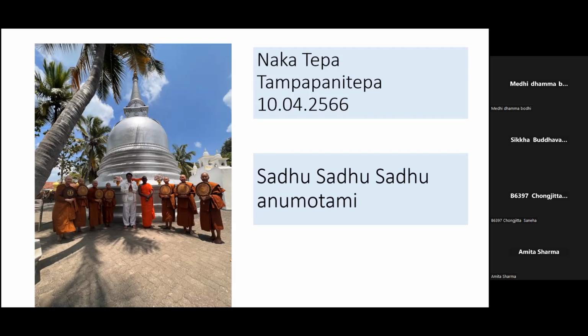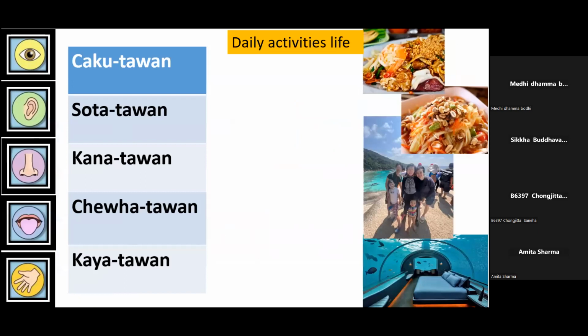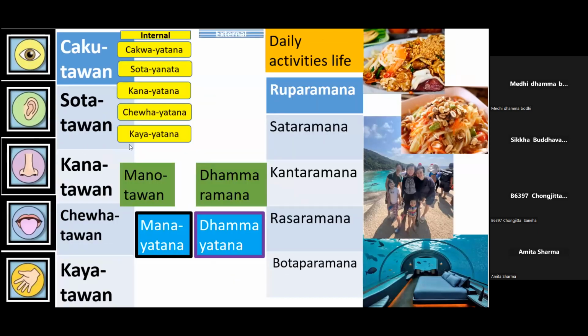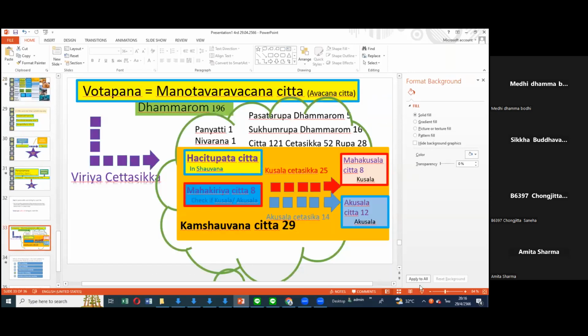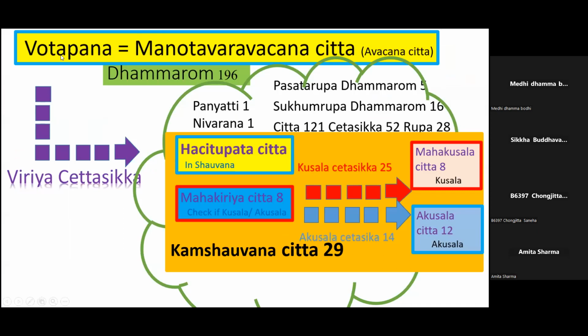So the perfect things in this, at least, but it's much more than that. If you think about this chart here, go to Manodvara Vachanachita already, and then link here, Viriya Cetasika here, go to Hasituppadachita here, and check if kusala, right?